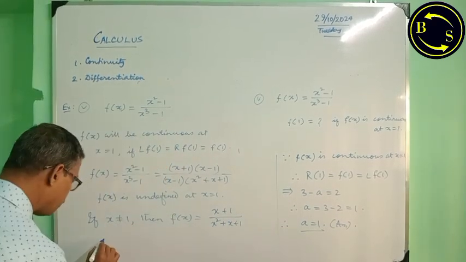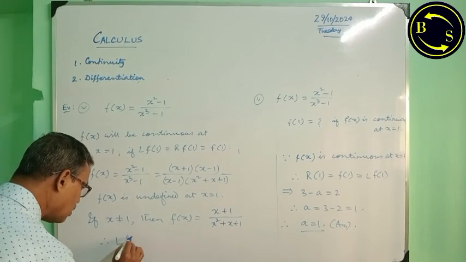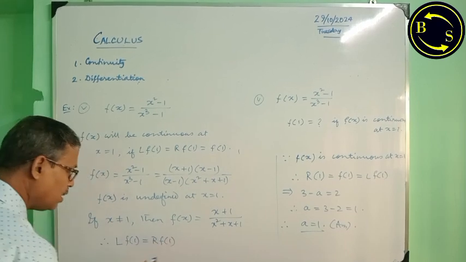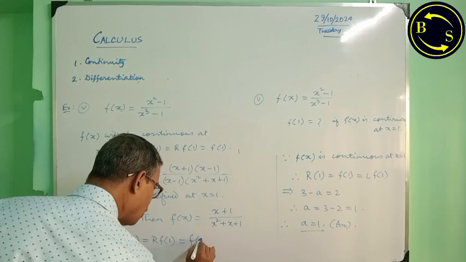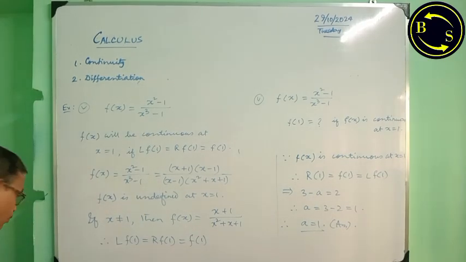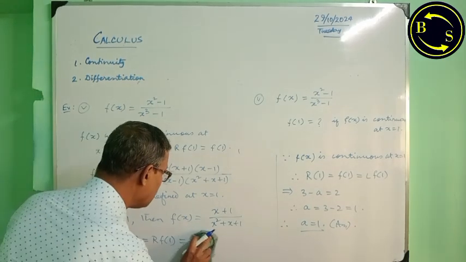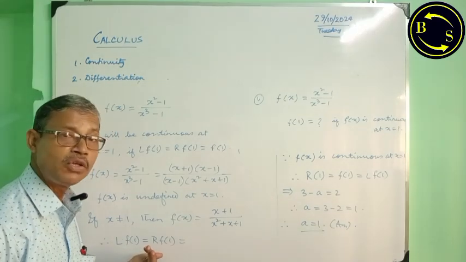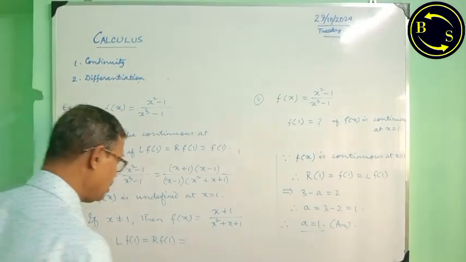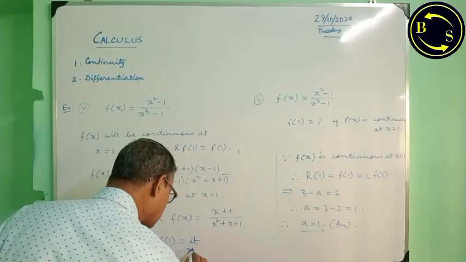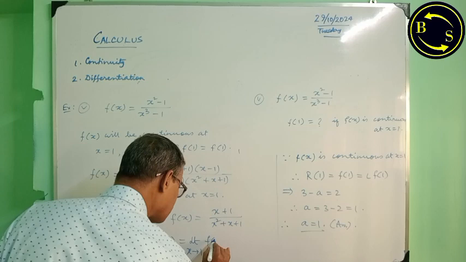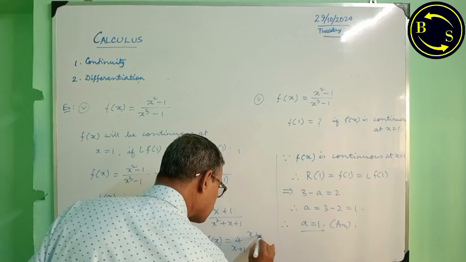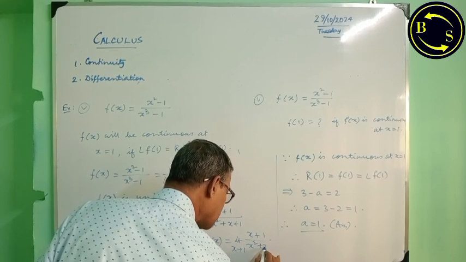Therefore, in that case, both left hand limit and right hand limit will be equal, and that limit is calculated like this: limit x tends to 1 of f(x), which is limit x tends to 1 of (x plus 1) by (x square plus x plus 1).